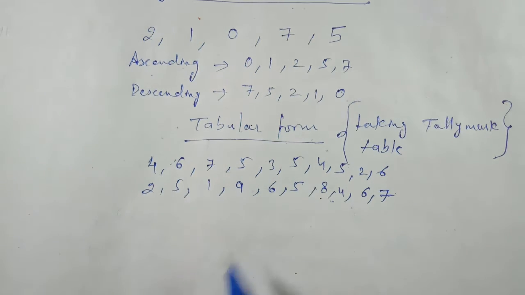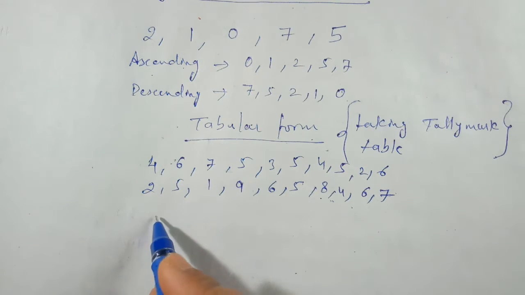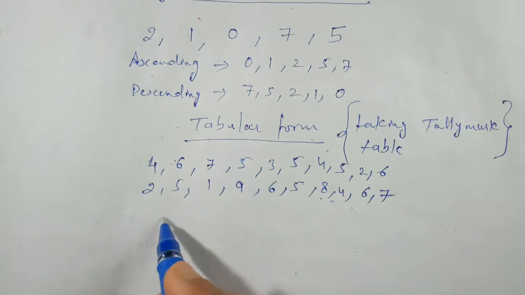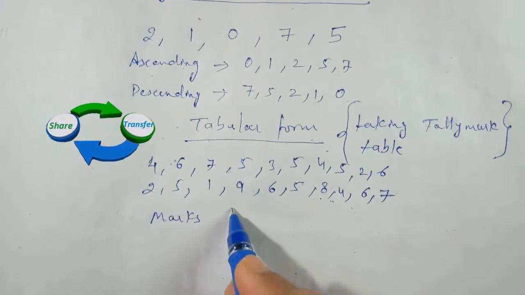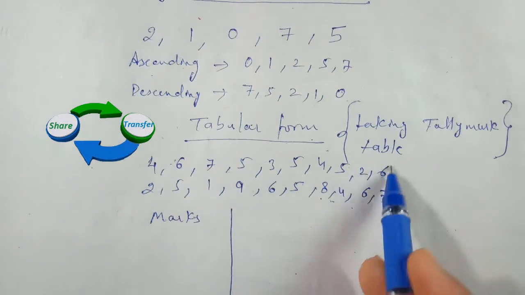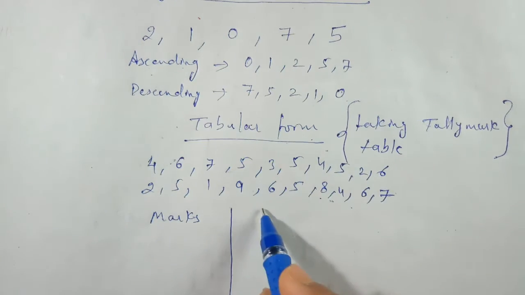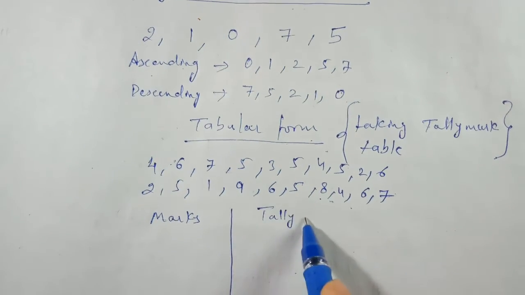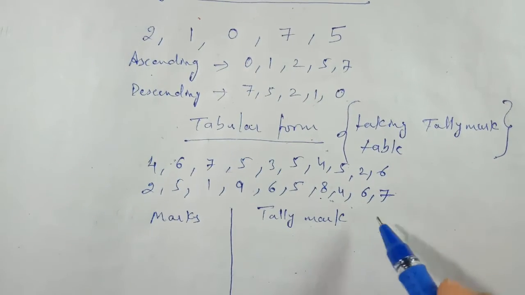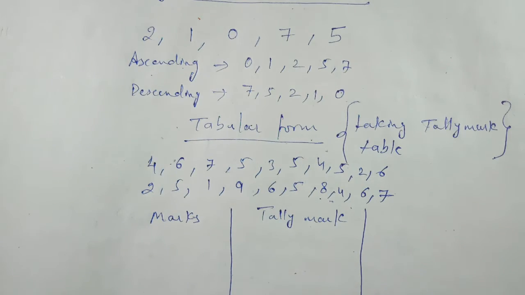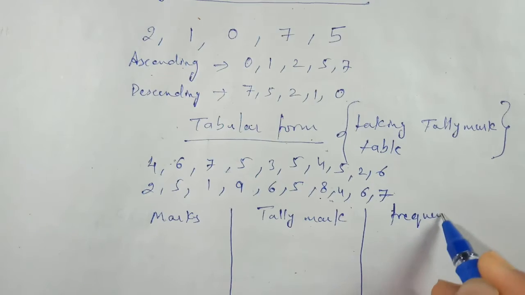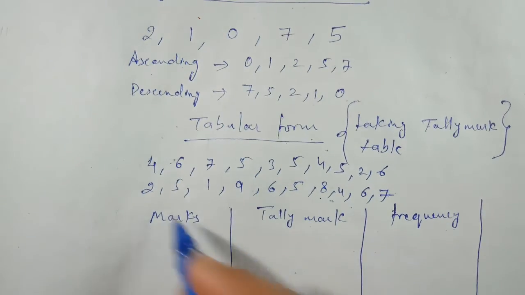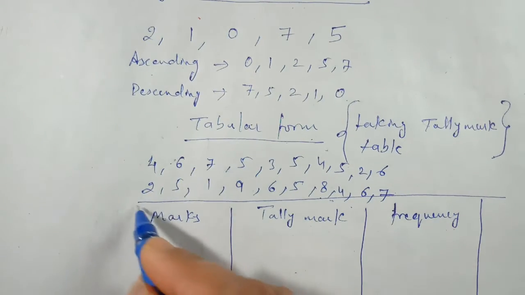So we arrange it in a table form. First we make the columns. The first column is for marks, because this is information about marks. In the middle, tally marks, which are for the numbers that are repeated. Then frequency, which means the number of students having the same marks.